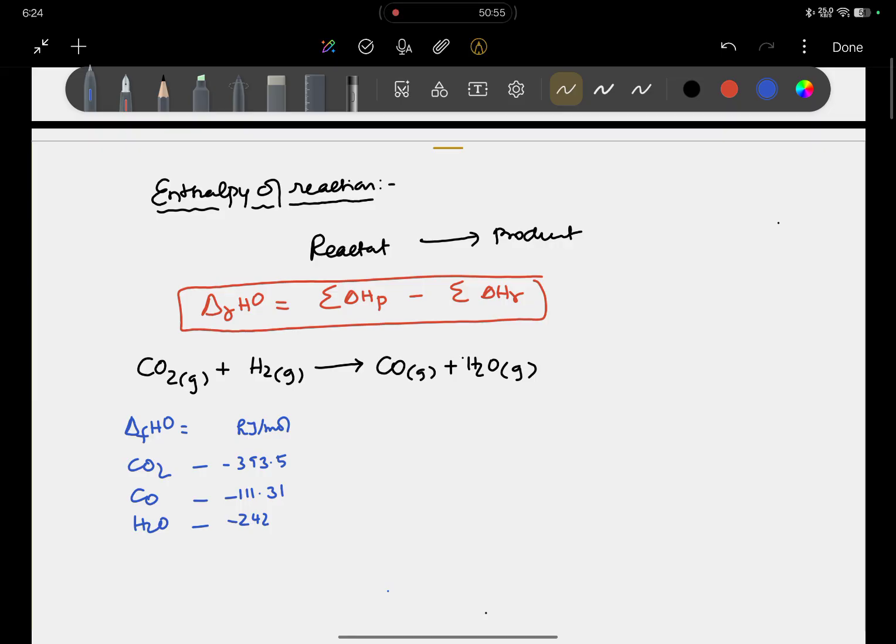You can see they have given the values for carbon dioxide, carbon monoxide, water, but for hydrogen we have to take it as 0 kilojoule, because for a pure element we take it like that only.